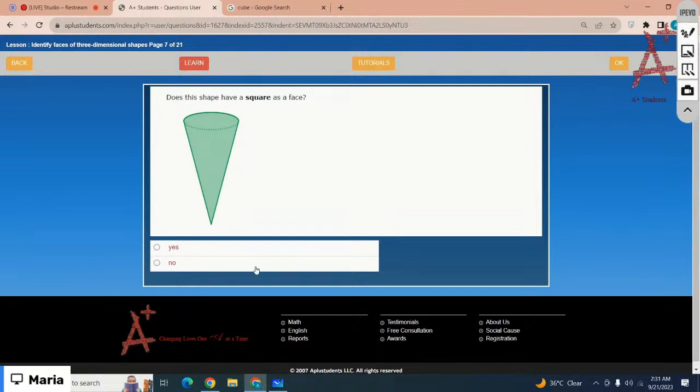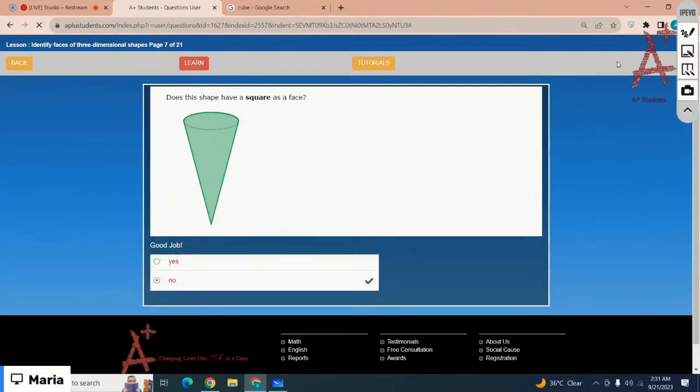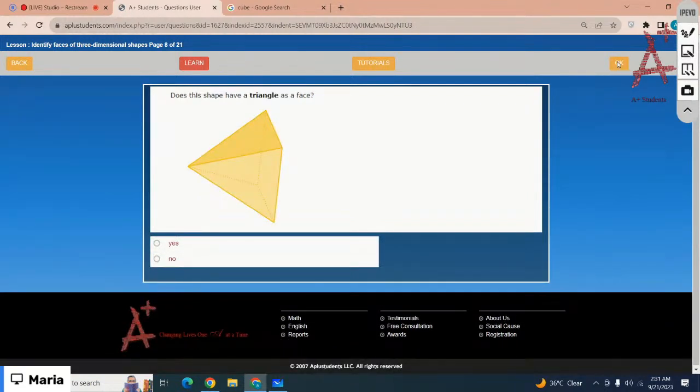No, right? The correct option is no. Does this shape have a triangle as a face? Yes, the shape has a triangle as a face. The correct option is yes.